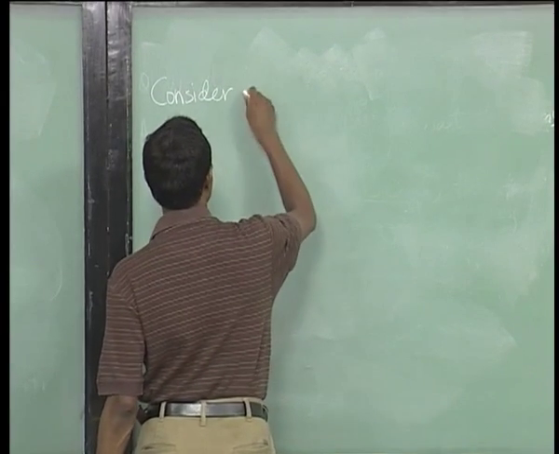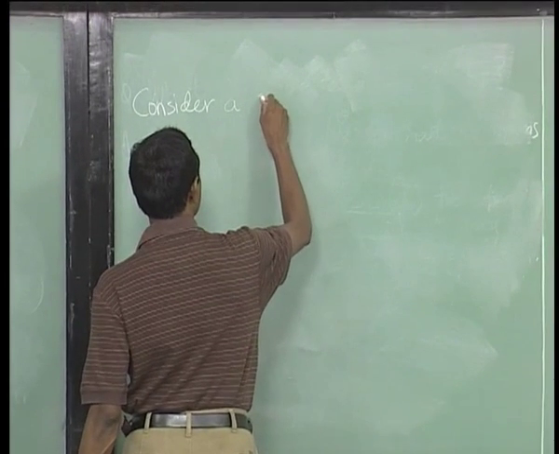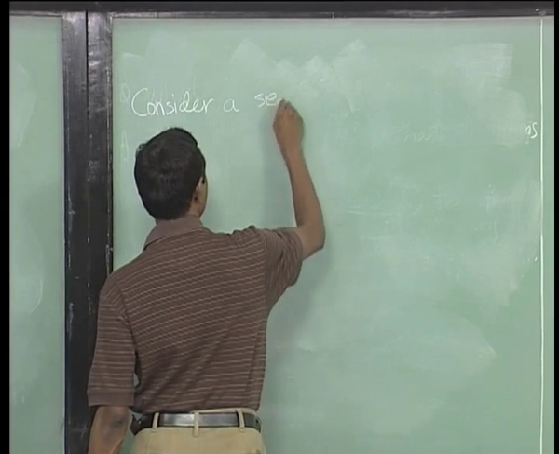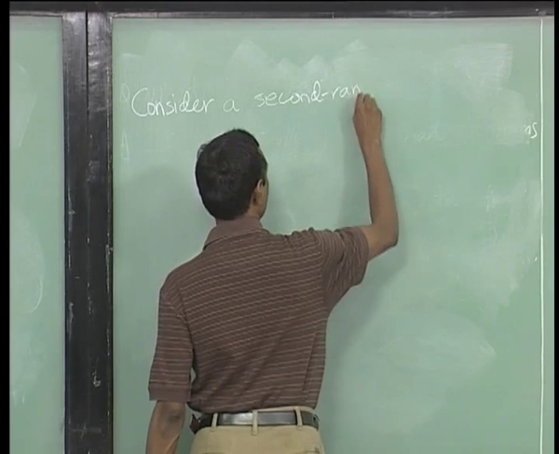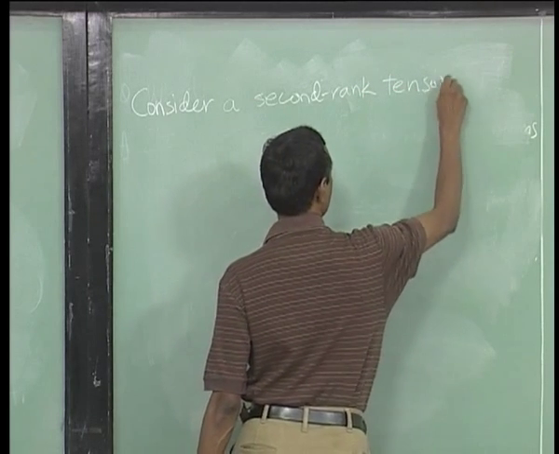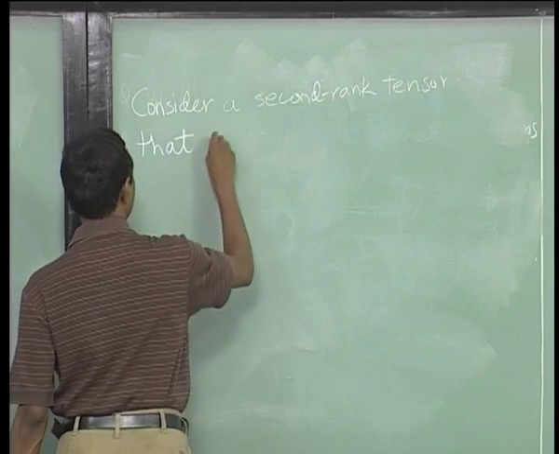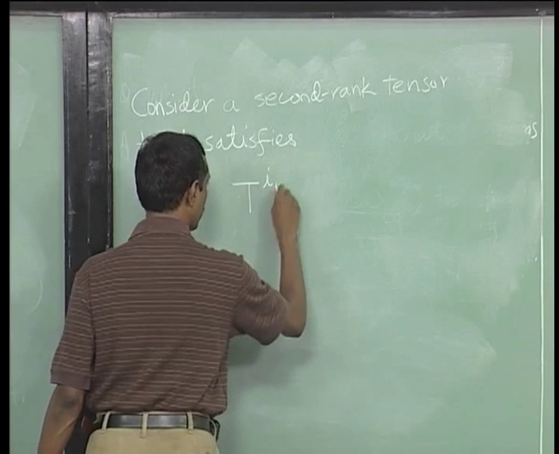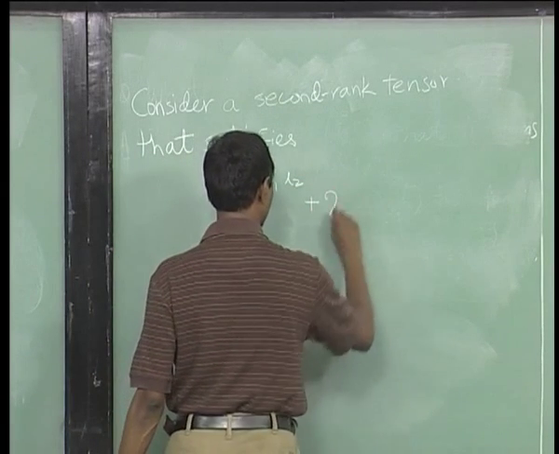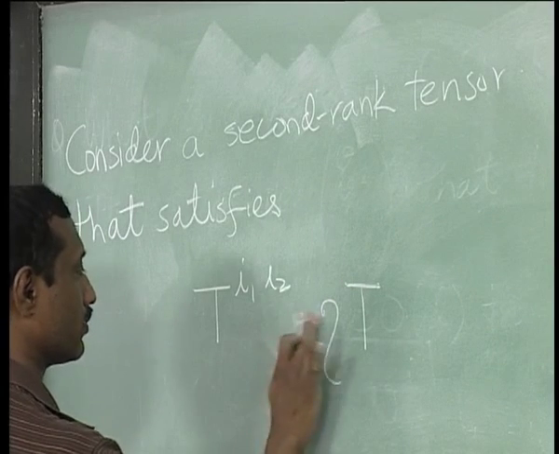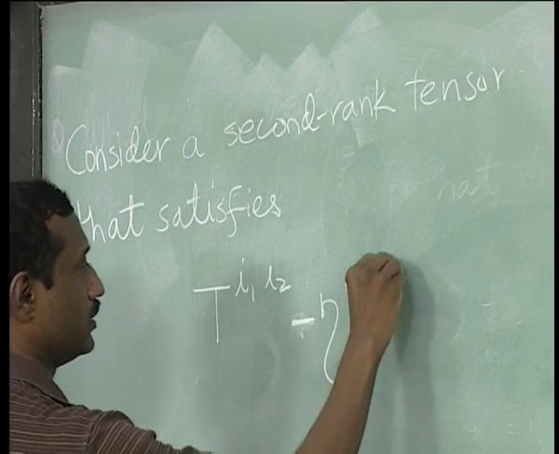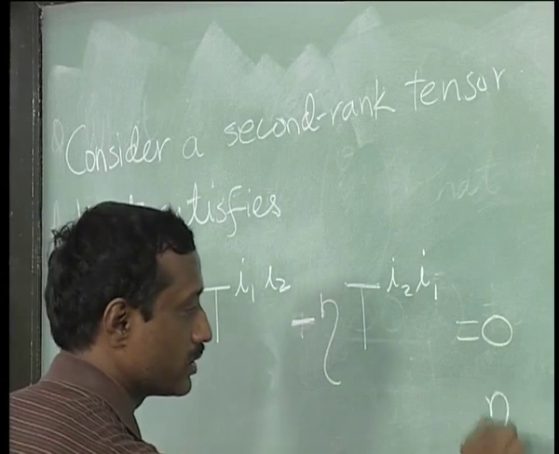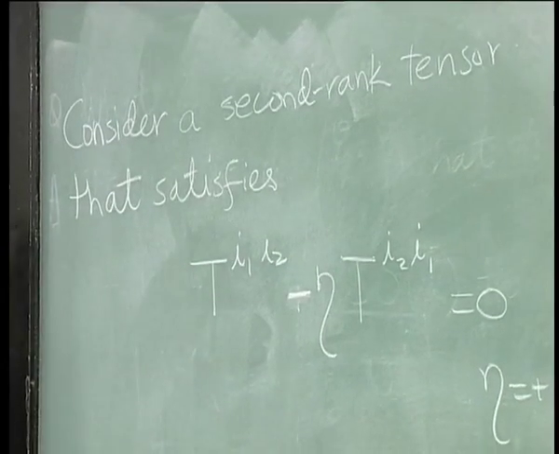a situation where we consider a second rank tensor that satisfies this condition: T I1 I2 plus eta, minus eta T I2 I1, equal to 0, and eta is either, if it is plus 1 it is a statement that it is a symmetric tensor.